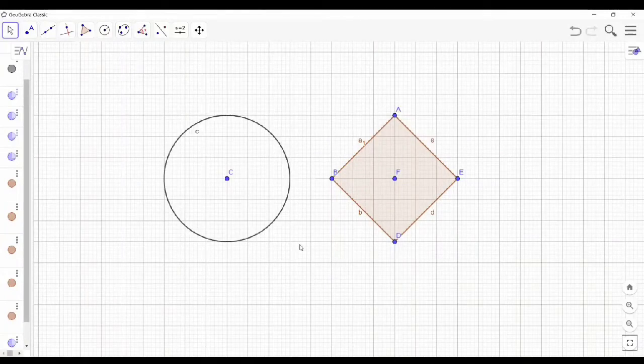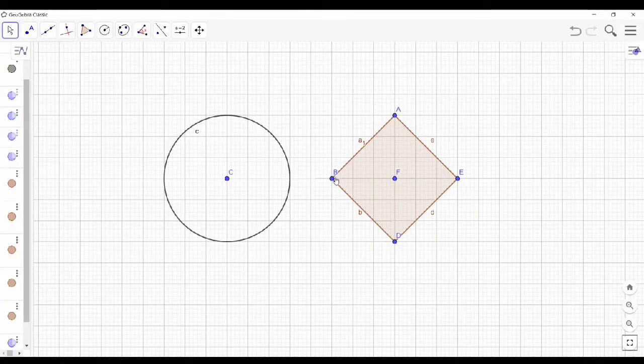The one on the left is a Euclidean circle with center C. The one on the right is a taxicab circle with center F. Both of these circles have a radius of 3. If you look here, 1, 2, 3, and if you look here, 1, 2, 3.